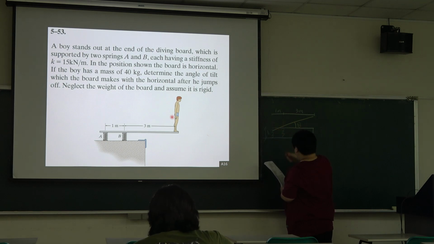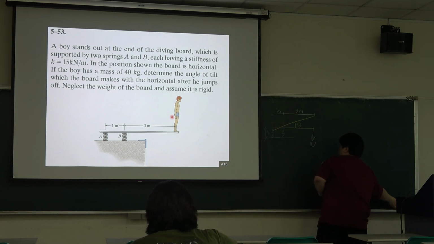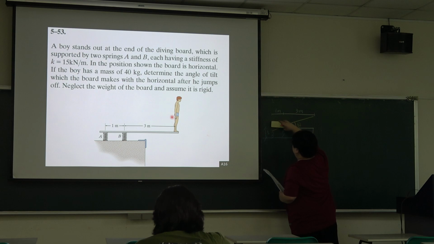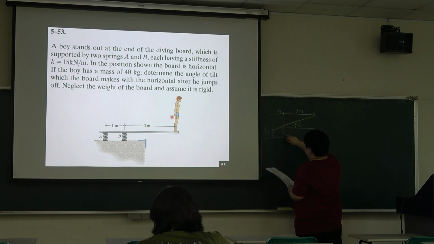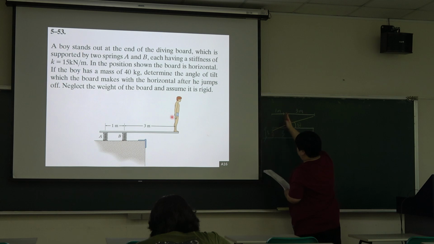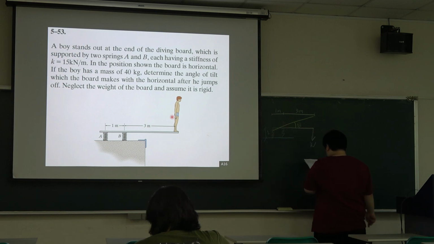So the reaction force may be in this direction. In the point B spring, when the boy stands here, the spring will be in compression, so we can put the reaction force in this direction. When you know this concept, we can calculate the answer very easily.